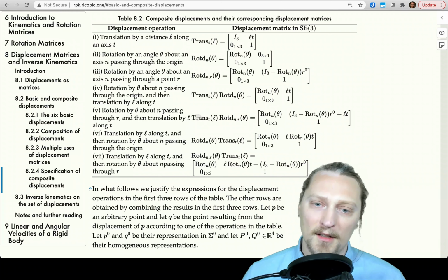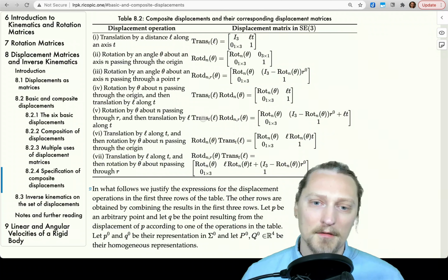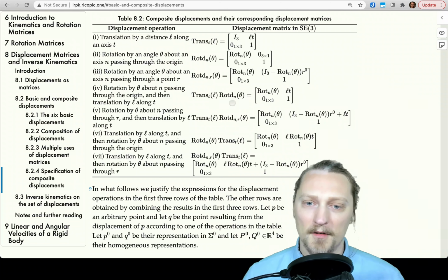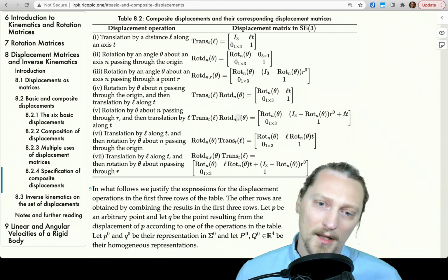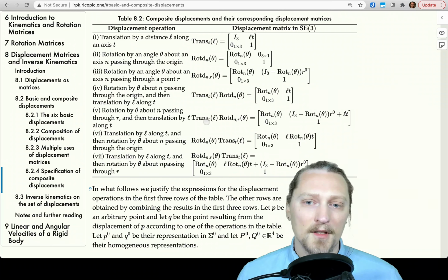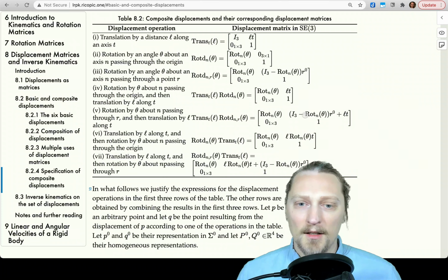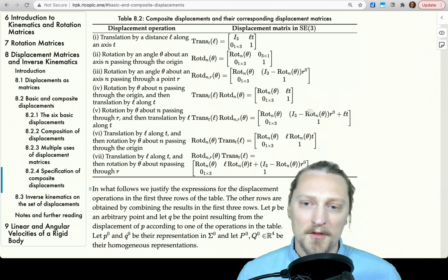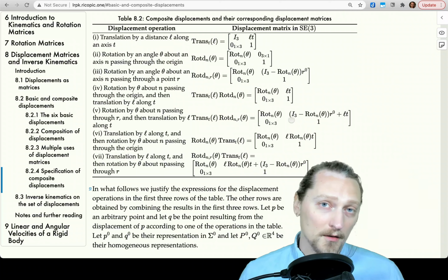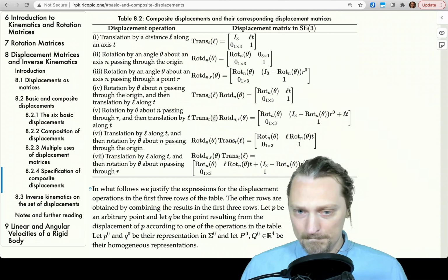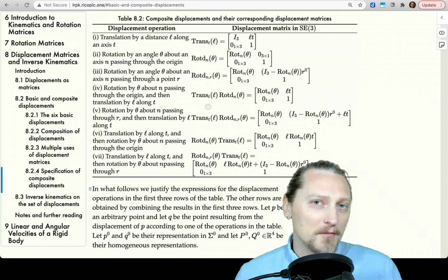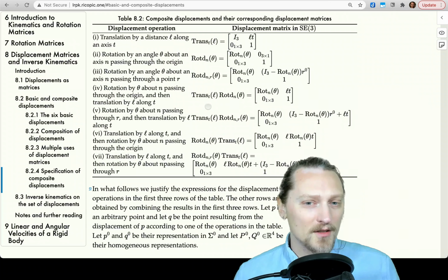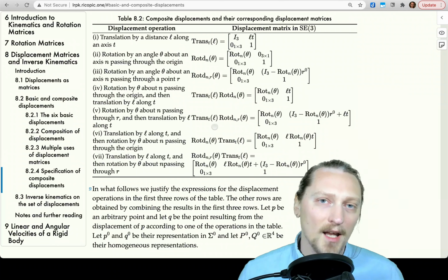So we've got just composition now of rotation and translation. Notice if it happens first, as the rotations do, we put it on the right, and we put the translation on the left. These are what the general displacement matrix would look like as derived from the special cases that we listed before, the basic rotations composed together.